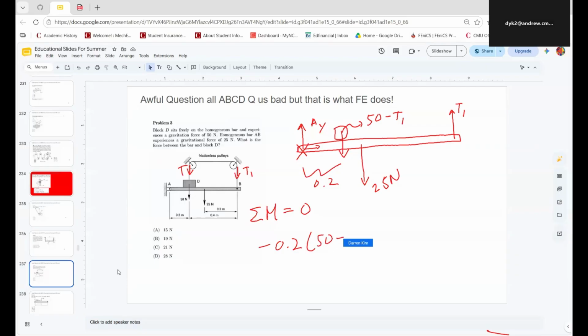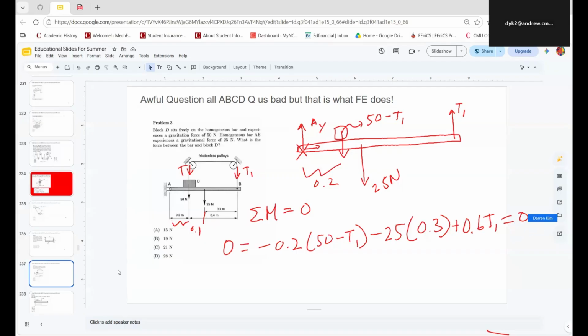That's a 50 minus T1, and then another one that is minus 25 times, over here it is 0.2 plus 0.1, so 0.3, and then it's going to be 0.6, so plus 0.6 T1 equals 0.